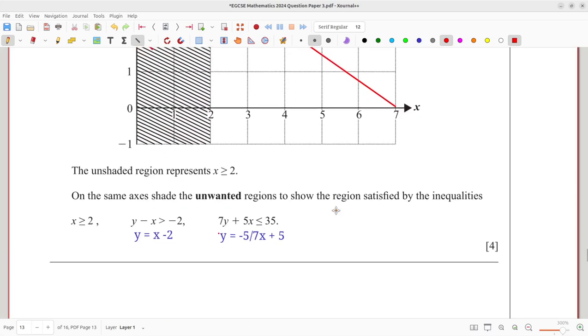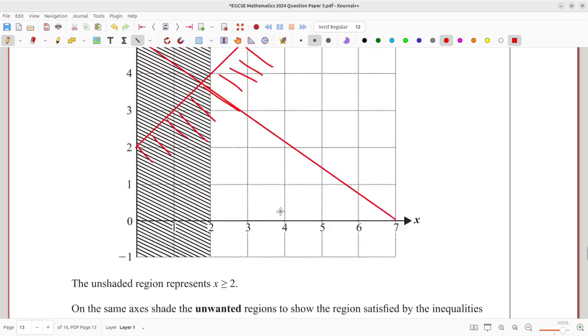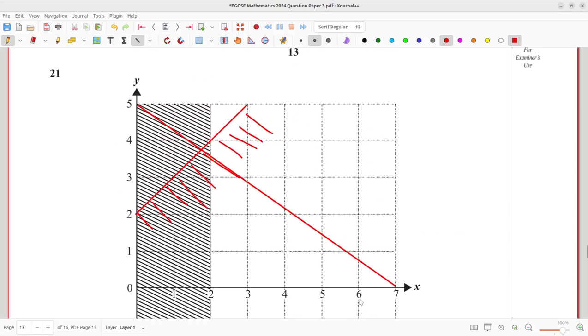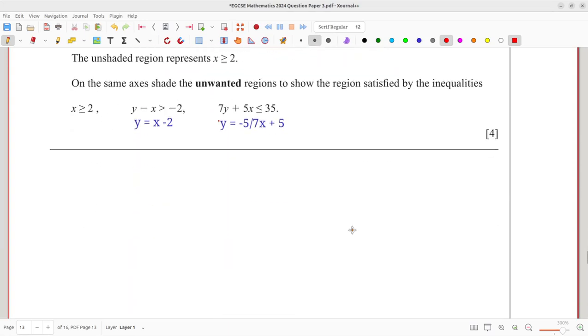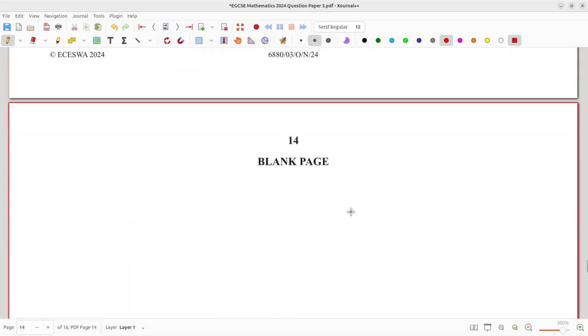And then it's actually less than, so you are going to be unwanted, it's above, so shade above that, and then you just shade here. Yeah, something like that. That's actually what they were requiring you to do.